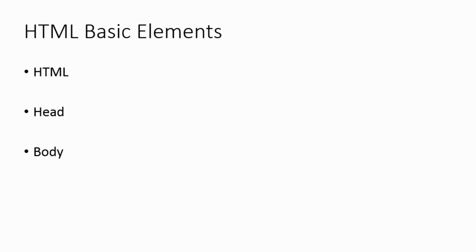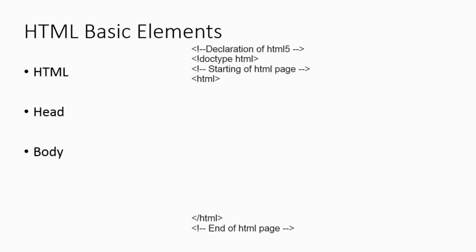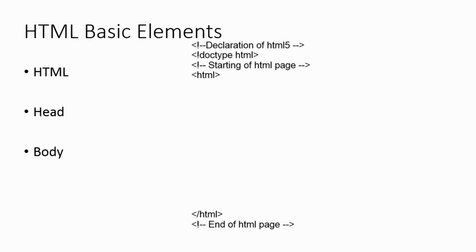HTML basic elements. In HTML, the basic elements are html, head and body. Okay, let me start with the code. At the very first I am providing a comment. See, declaration of HTML5. Afterwards I have declared HTML5.